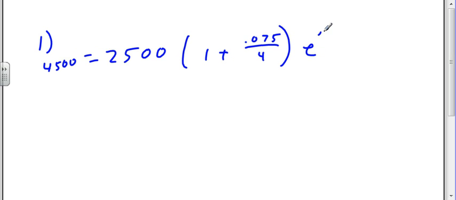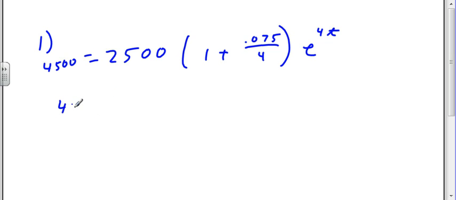What is this, e to the rt? e to the 4t, and t would be in years, because I'm doing it quarterly. I put a 4 up there. Now, I'm doing that from memory. I go back and I look, and yeah, that's what it is. Okay, excellent.